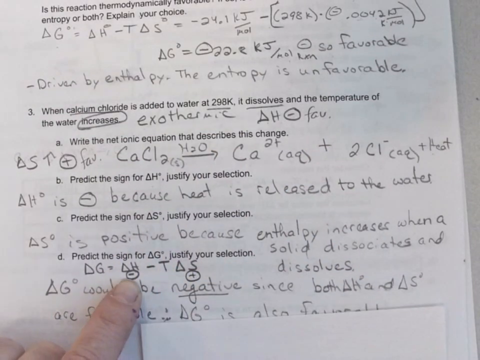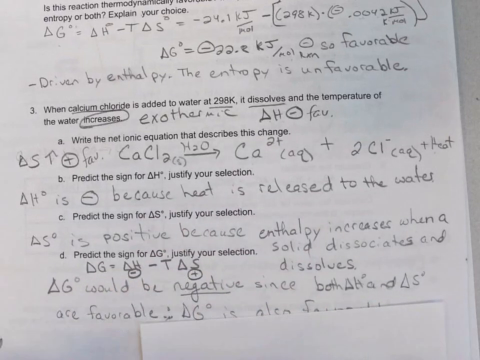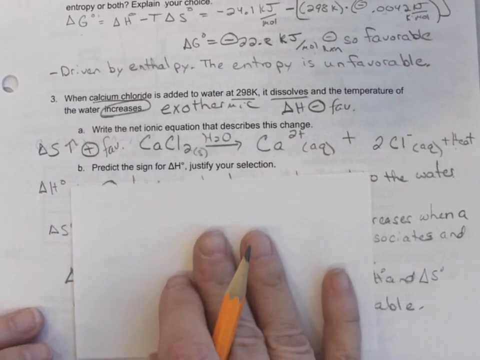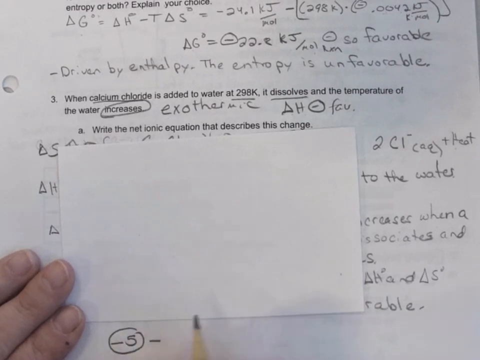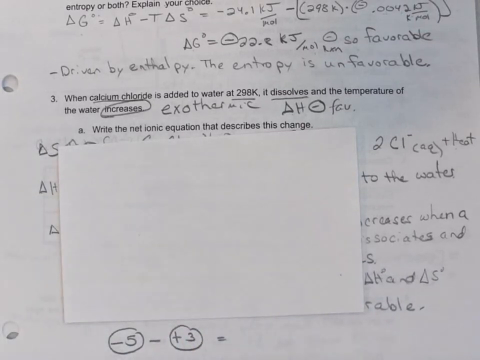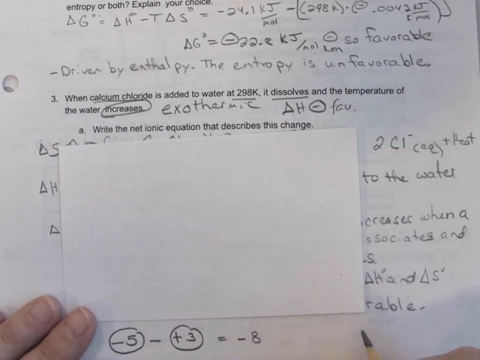So when you take a negative number and subtract a positive number, what kind of number do you get? Let's do an example. Negative 5 minus positive 3. What do you get? Negative 8. It gets more negative, doesn't it?